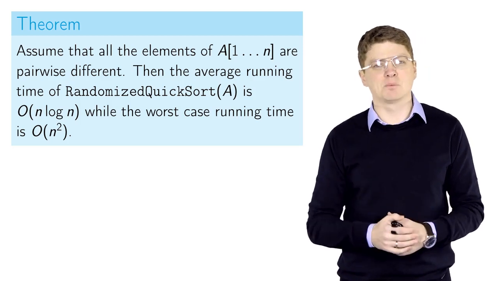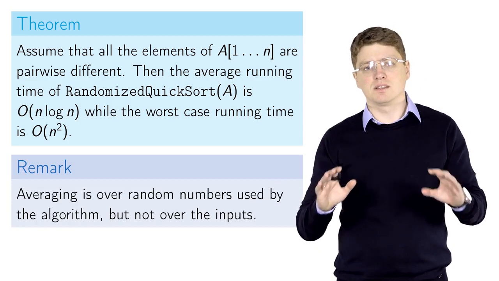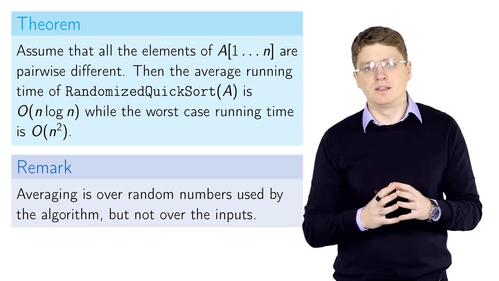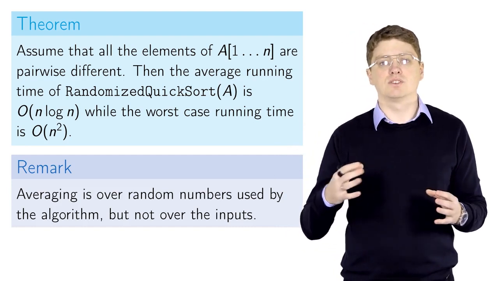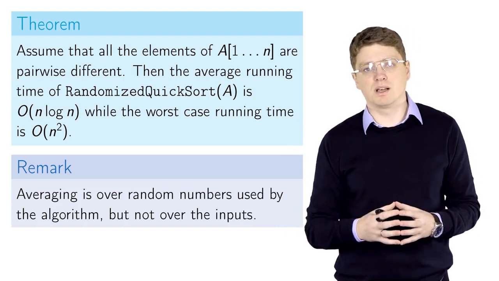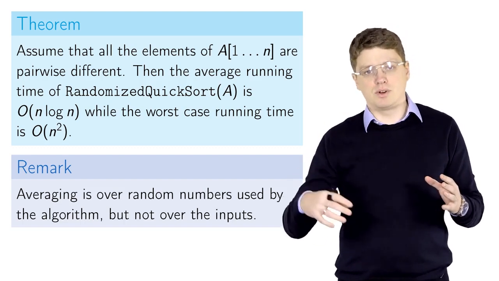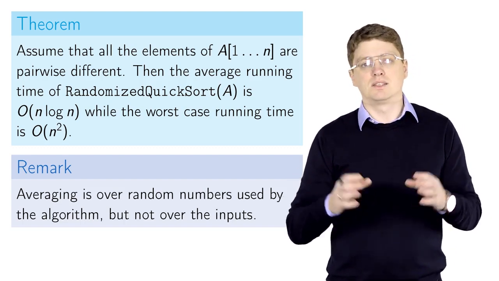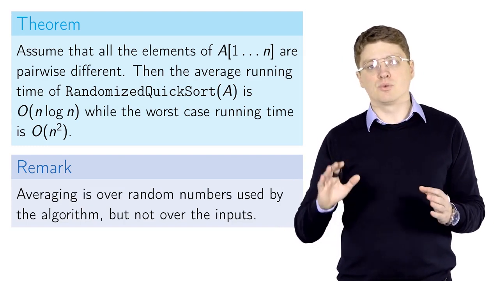Let me explain the word average here. This means that for any fixed array, if we are very unlucky with the random bits, the running time potentially could be higher than n log n. However, on average, where averaging is over all possible random bits, the running time of the quicksort algorithm is n log n. And this is true for any input.